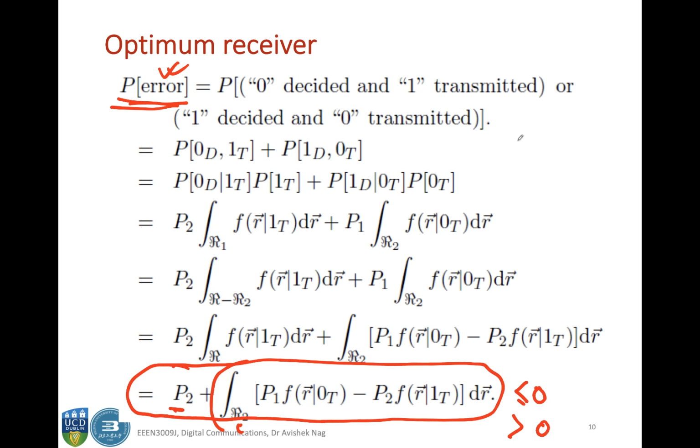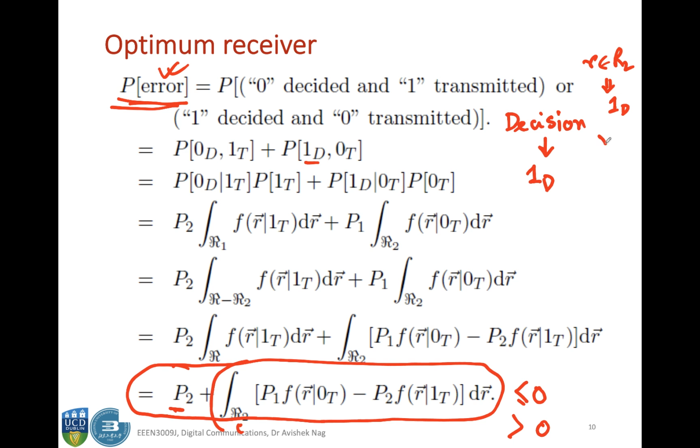So let's say you are taking a decision. That decision is that 1 was transmitted, or 1D, according to this nomenclature. This decision is based on the rule that if your received signal falls within R2, then you decide 1.